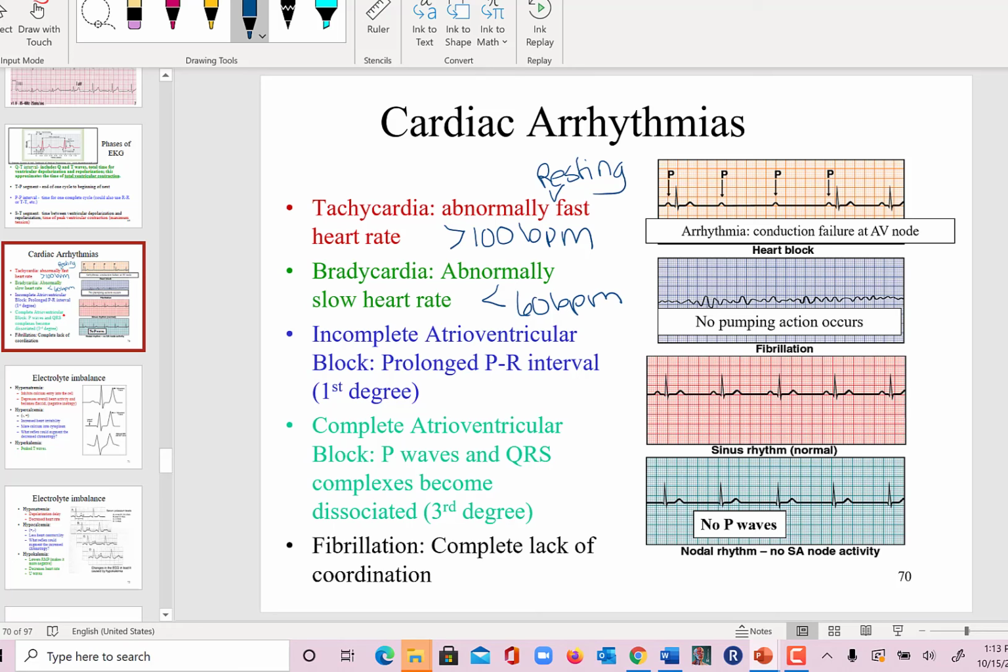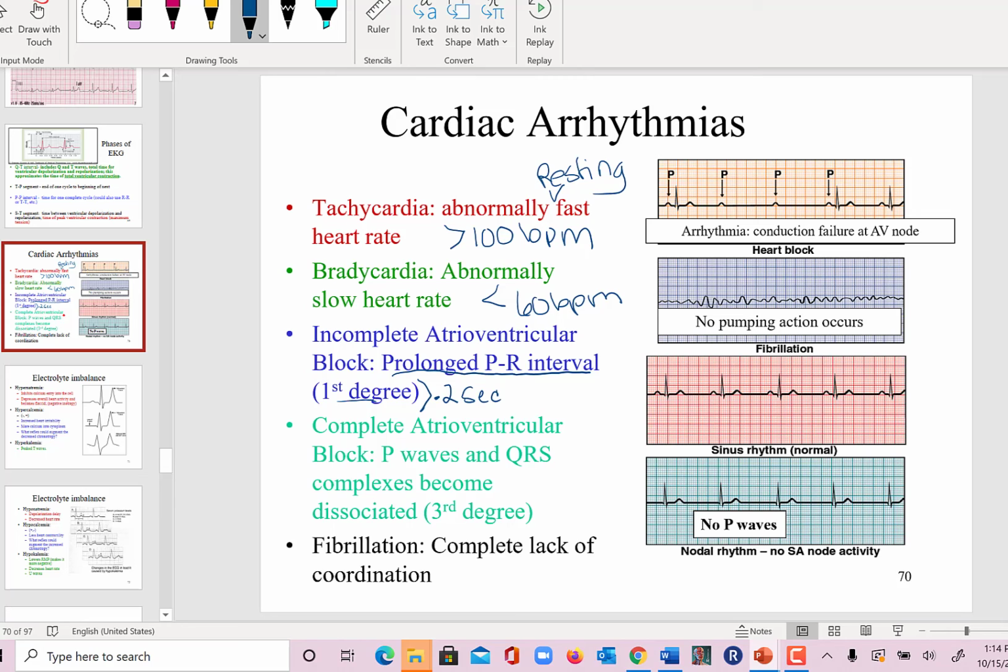Incomplete AV nodal block, a prolonged PR interval. Remember, first degree means it takes longer than 0.2 seconds, greater than 0.2 seconds. That means the delay through the AV node is taking too long. This invites the heart to then enter into electrical and mechanical events that are not in syncytium, not coordinated.